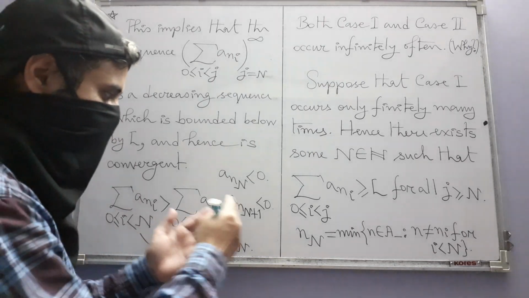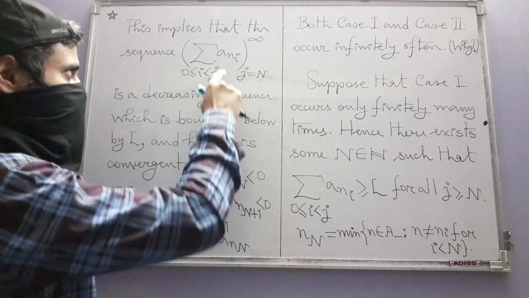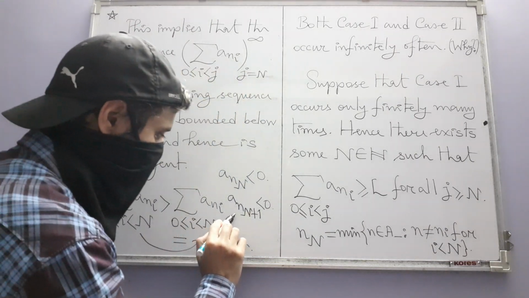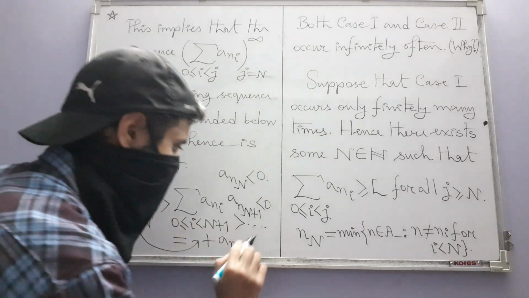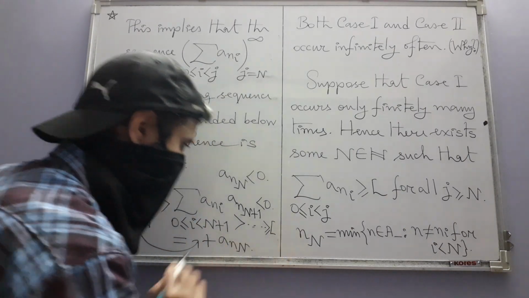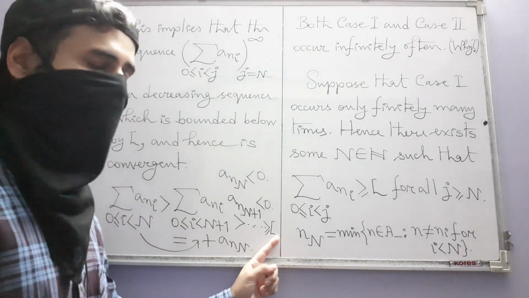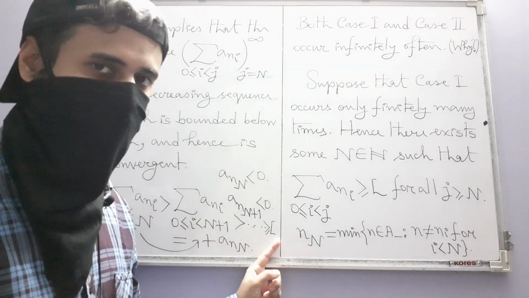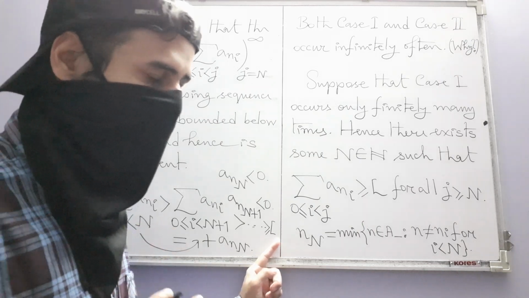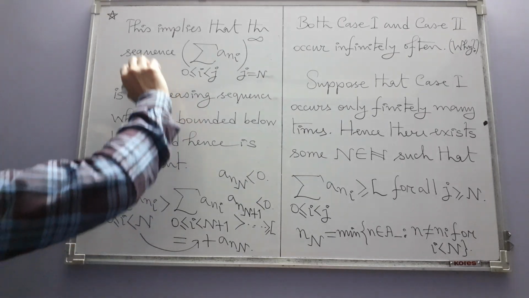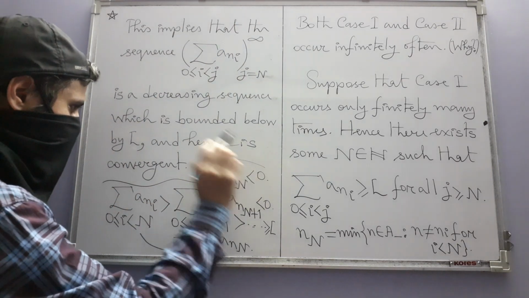So when you add that to get the next term in this sequence, that is going to be even smaller, but all of these terms are greater than or equal to L. So it's a decreasing sequence that is bounded below by L. We know that such sequences are convergent from the theory of convergence of real sequences. So that's why this sequence is convergent, because of these things.